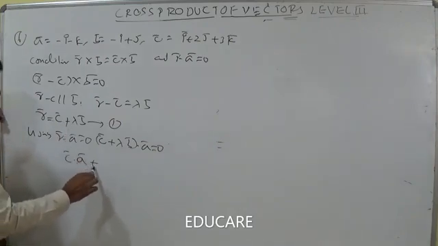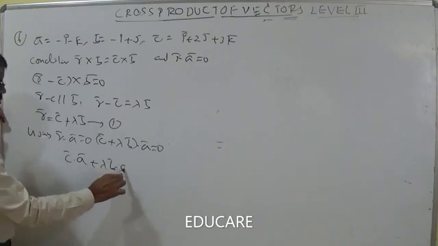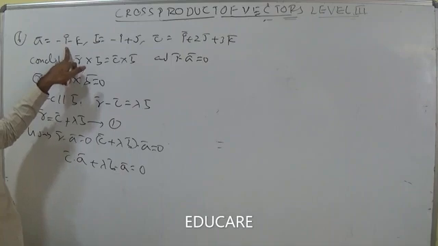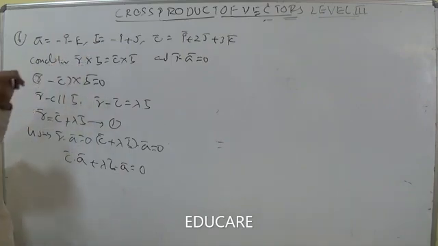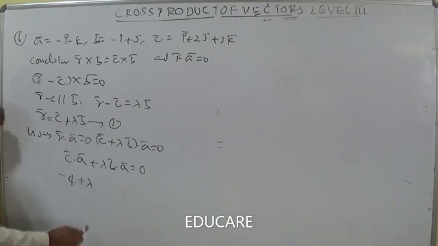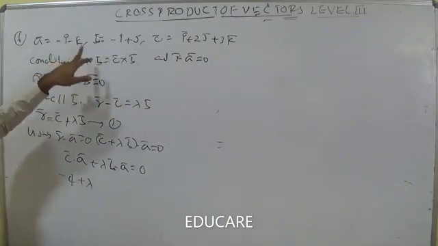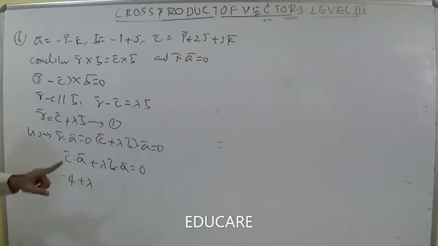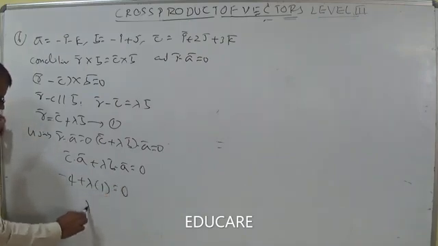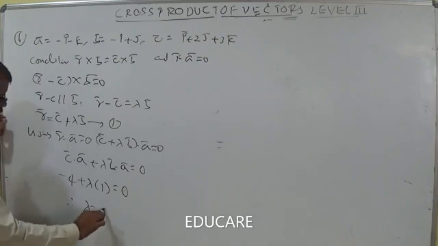C bar dot A bar plus lambda into B bar dot A bar equal to 0. C dot A becomes minus 1 minus 3, it is minus 4. Plus lambda into B dot A, here you can write simply 1. Lambda into 1 equal to 0. Therefore, lambda is equal to 4.